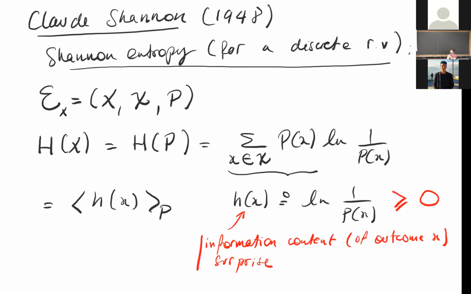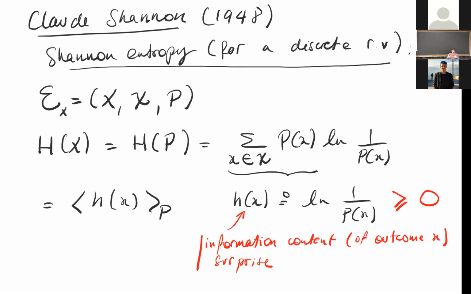If an outcome has very high probability, again, this h of x will be low, and therefore the uncertainty about this outcome is indeed low. If it has high probability before that it happens, you would bet on the fact that it will happen.